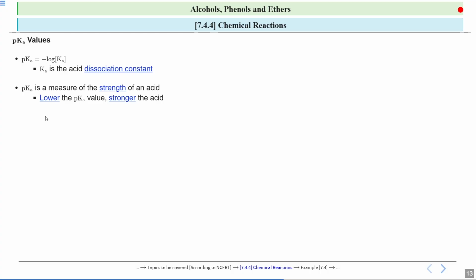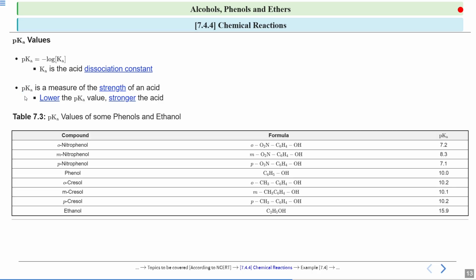That means the lower the pKa value, the stronger the acid. Is it clear that Ka is a dissociation constant and pKa is a measure of the strength of the acid? The lesser the pKa value, the stronger your acid, because pKa determines your strength of acid. So look at this table.